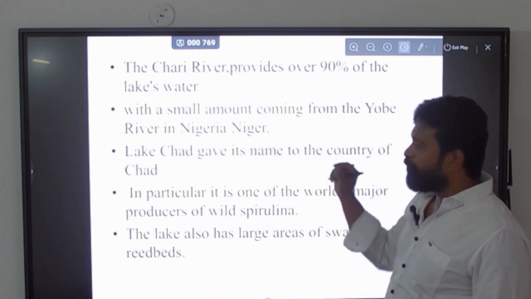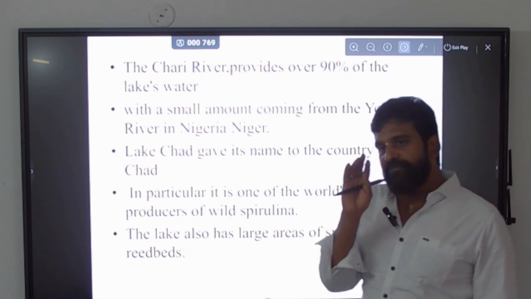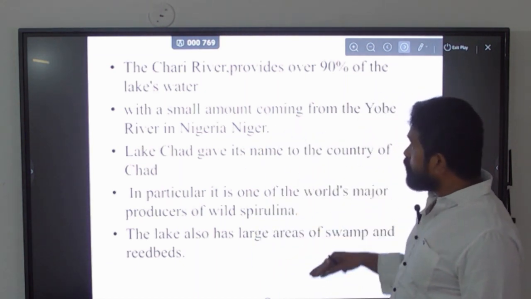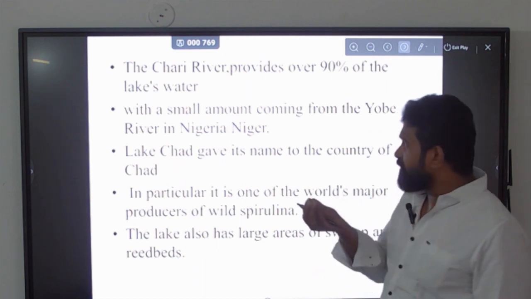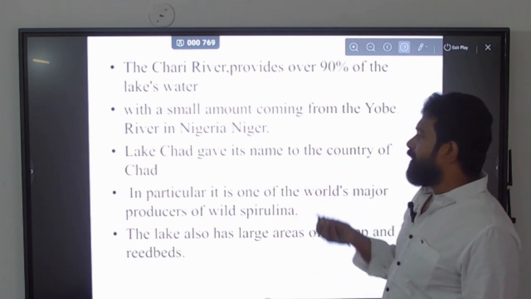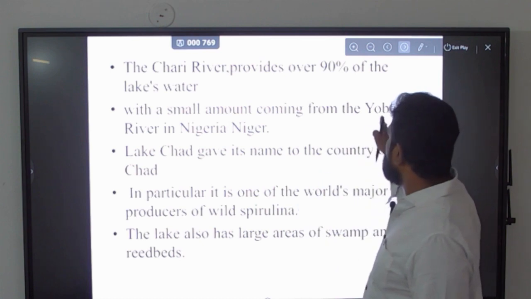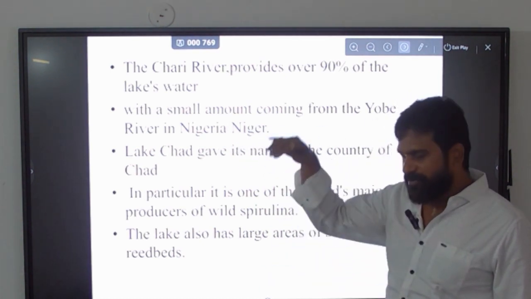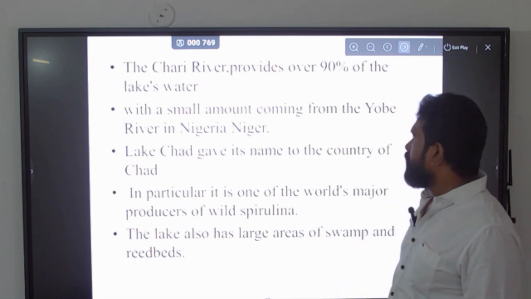This river provides 90% of the water to the lake, and we also have 10% of the water which comes from the Yobe river, coming from Nigeria and the Niger.